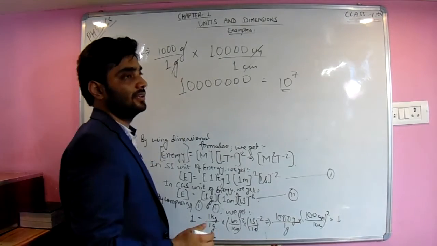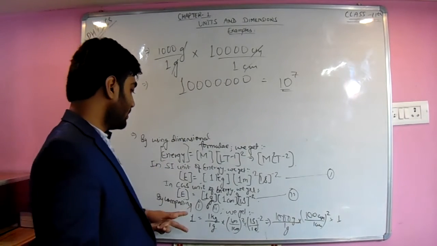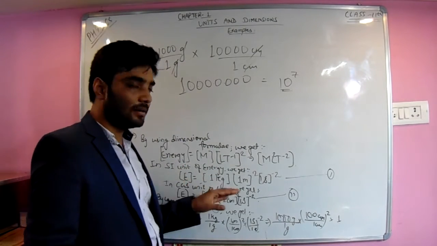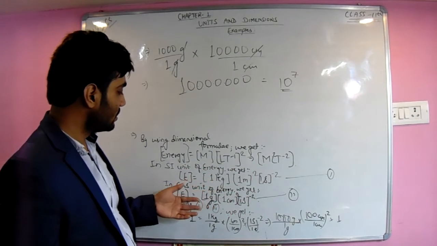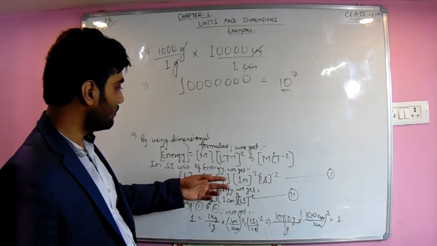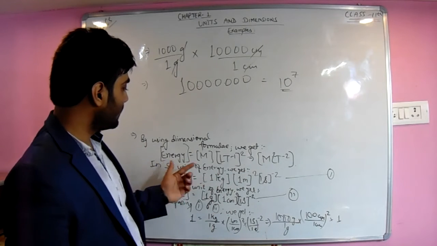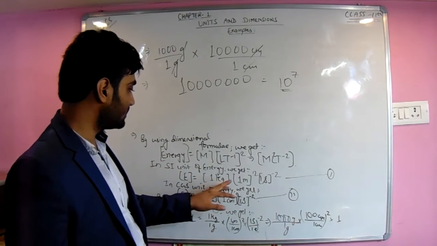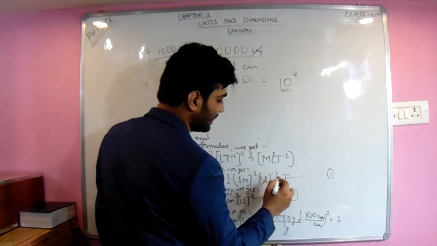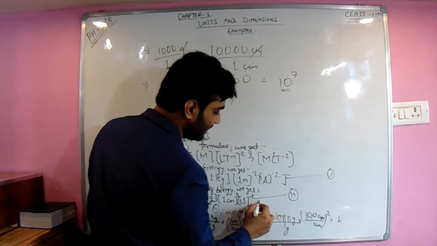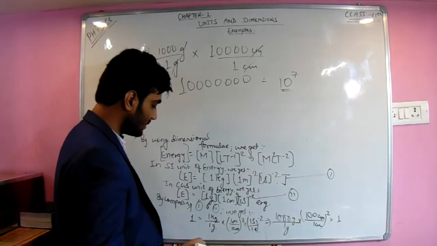But what is the meaning? You solve this by comparing, or by dividing, or by getting a ratio. Here it is in joule, and this is in erg. Why?